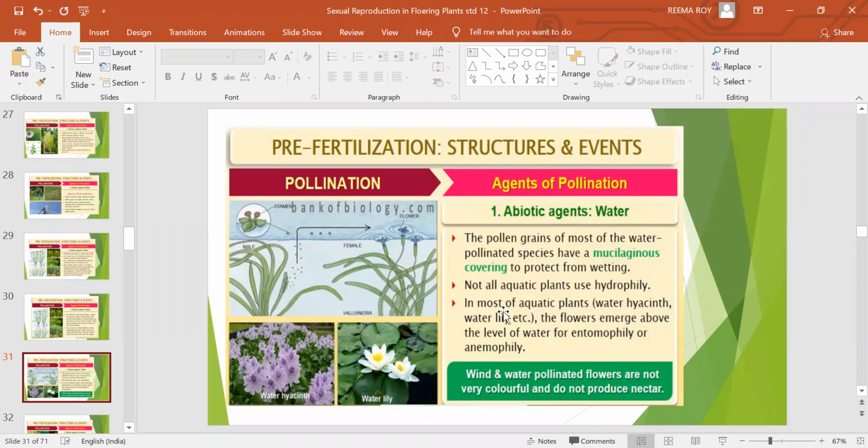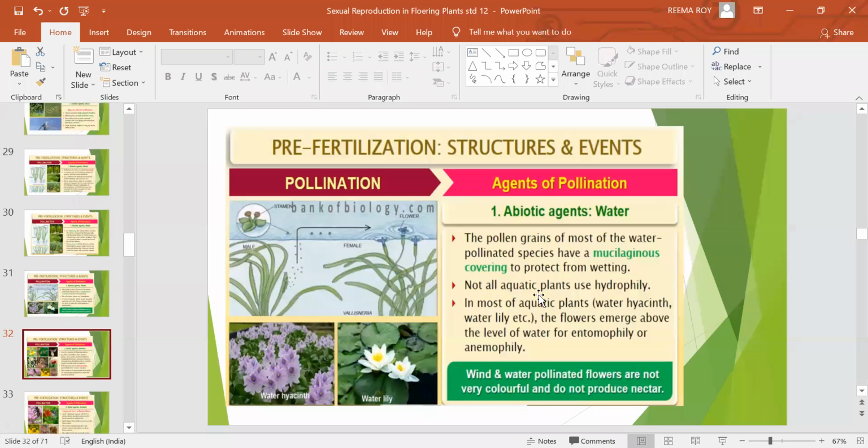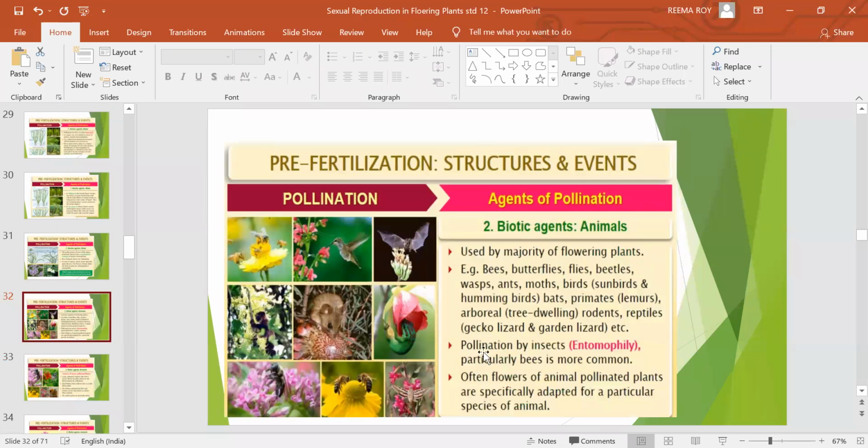And how it is not getting wet? ये जो pollen grains है, they are protected from wetting. उसके पास mucilaginous covering होते हैं. And pollination by insects is called as entomophily.